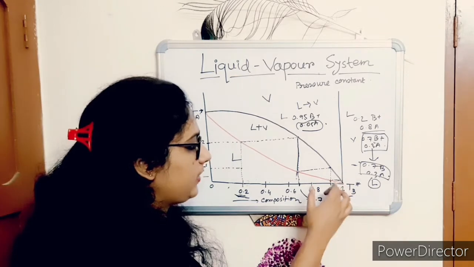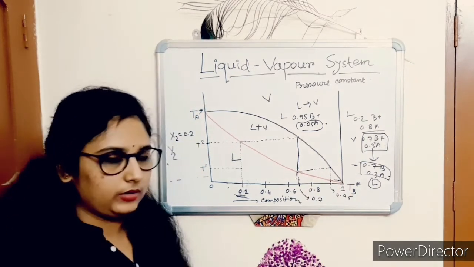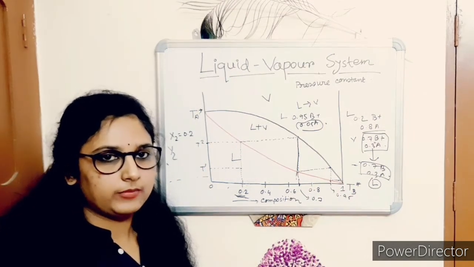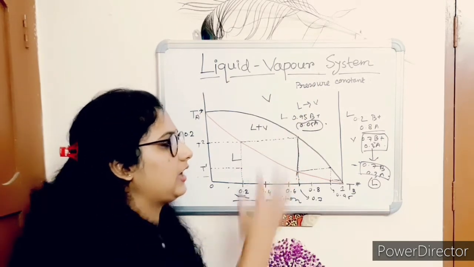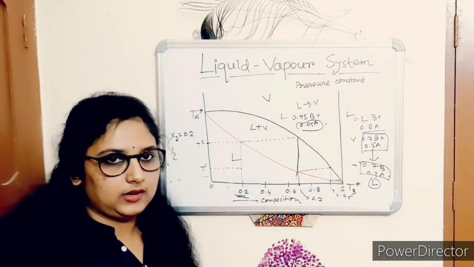By repeating this step, by increasing the number of steps, you can get a more pure liquid.